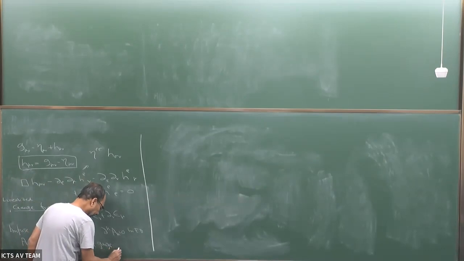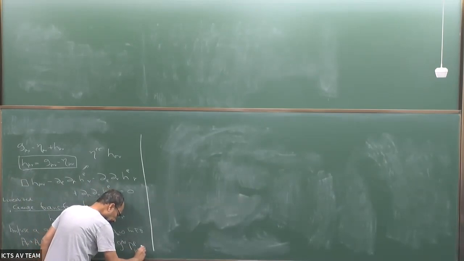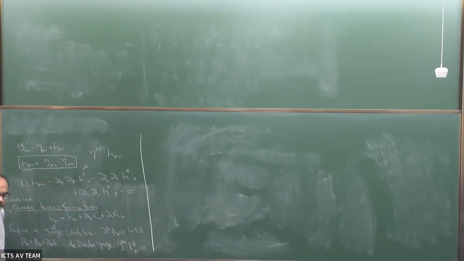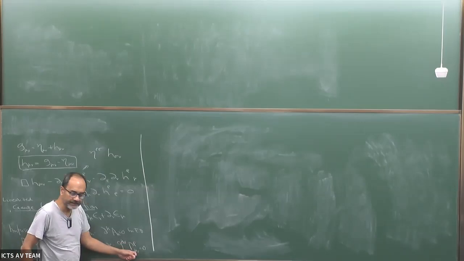So the general form of this gauge is this. This corresponds to four independent conditions because rho can take any of the four values. Mu nu indices are contracted, but rho can take any of the four values. So this corresponds to four independent gauge conditions.